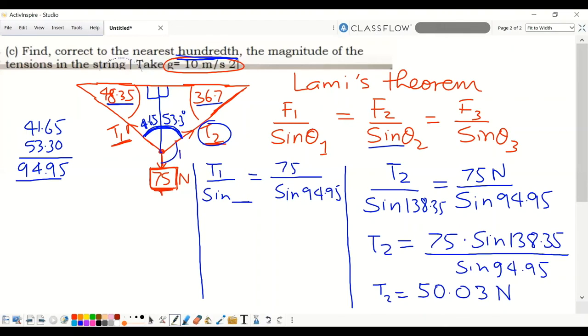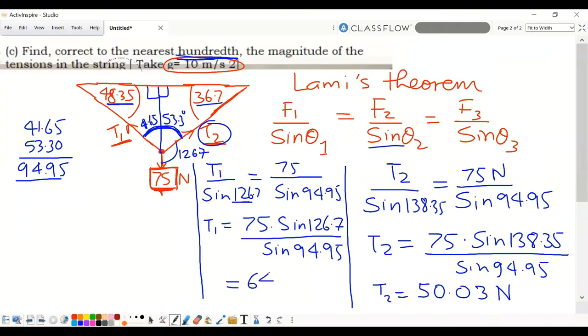So it will be 126.7. And now we will calculate this. Newtons. That's the answer.